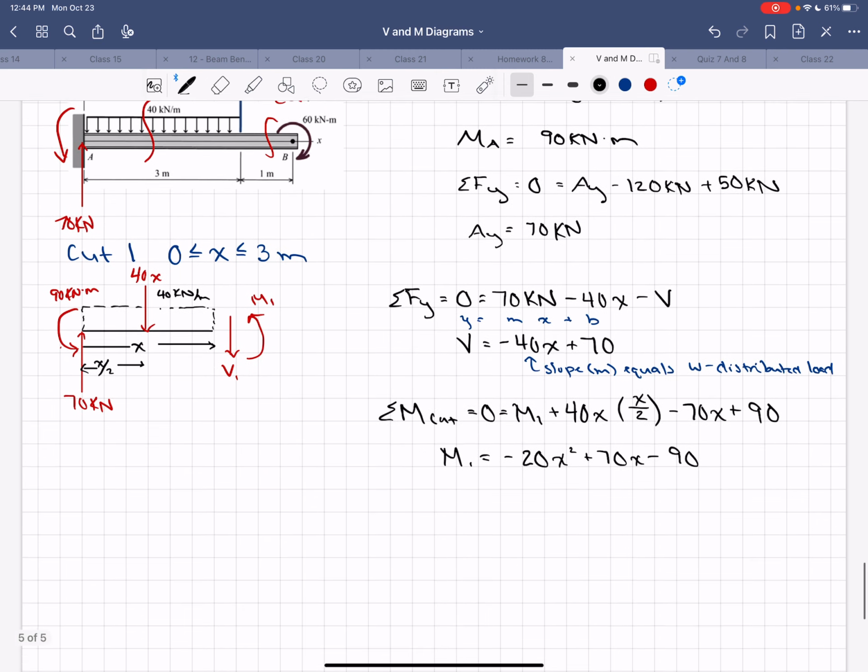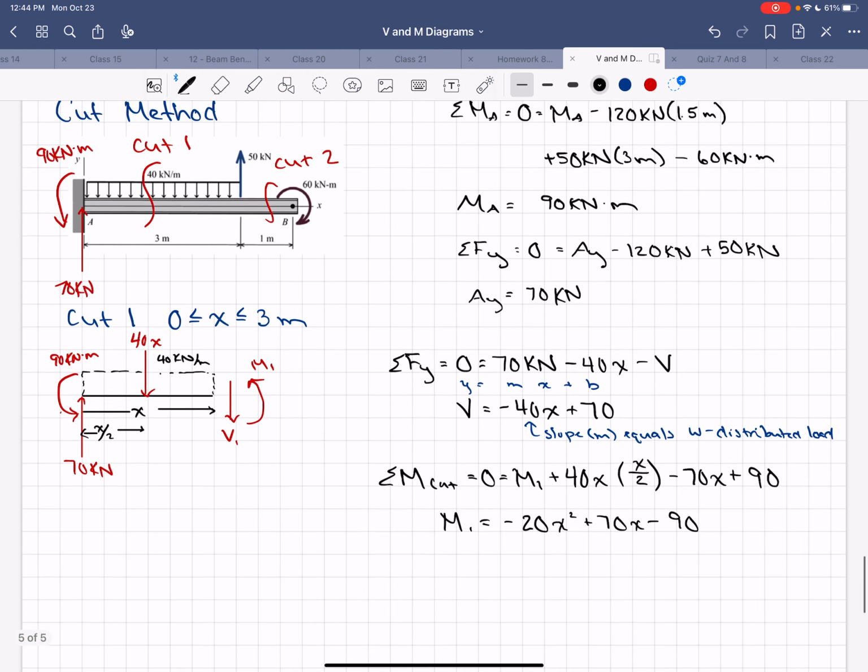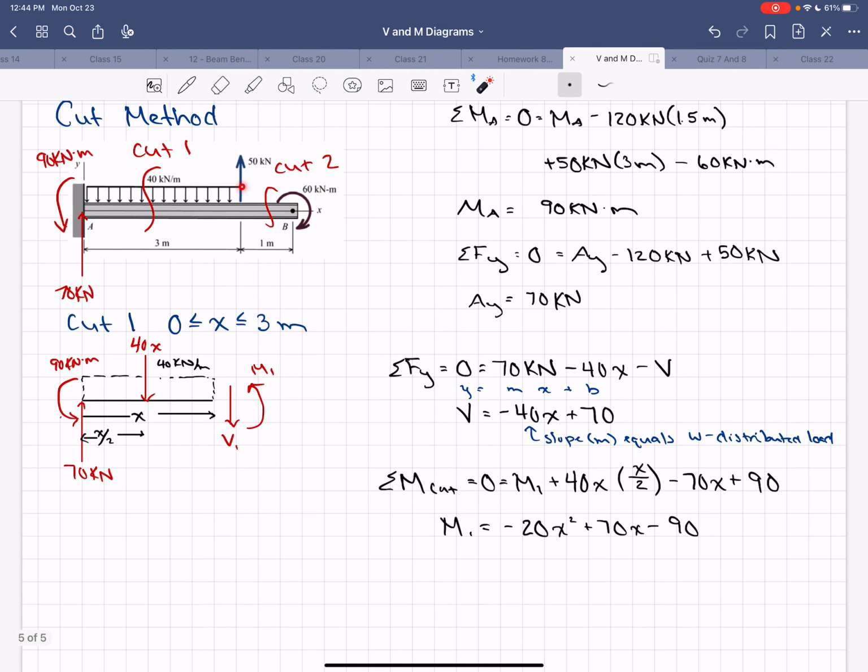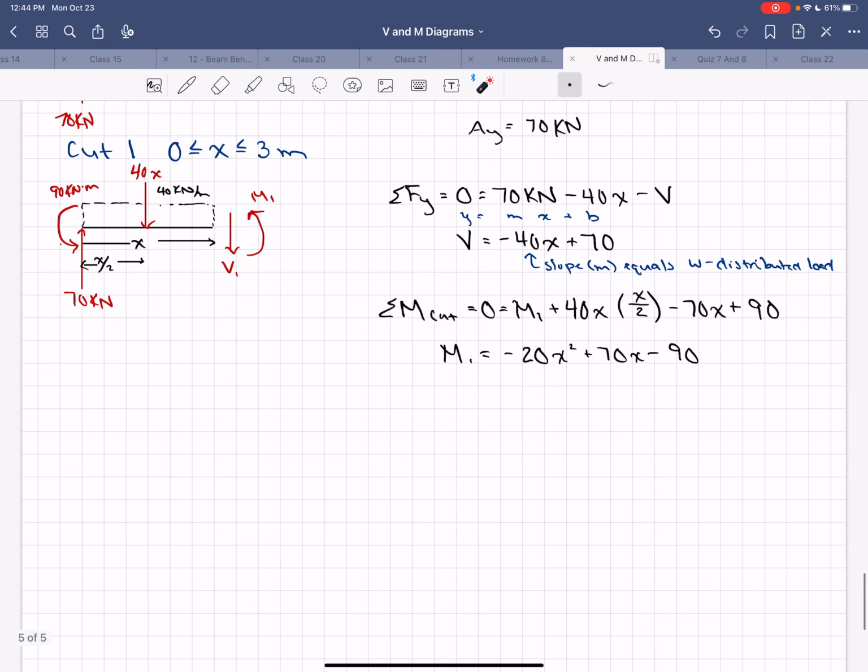Alright, so now we need to do our second cut. This is cut 2. We're going to look at it from the right. So for cut 2, we have 3 is less than or equal to x is less than or equal to 4. So the last meter of the beam.